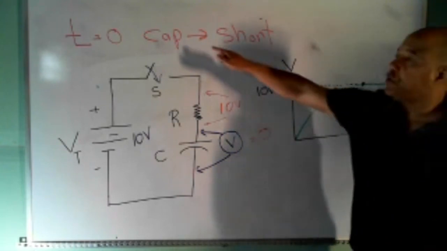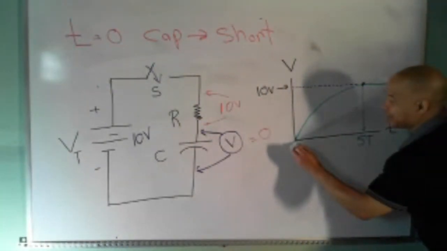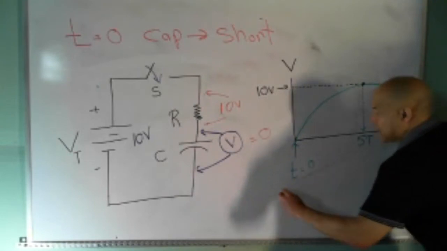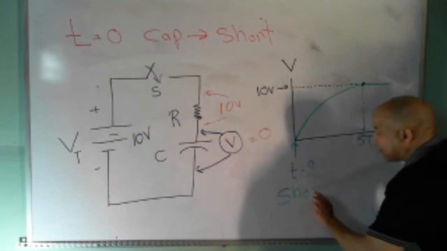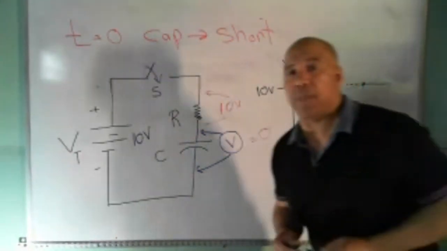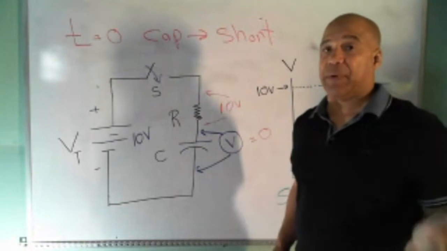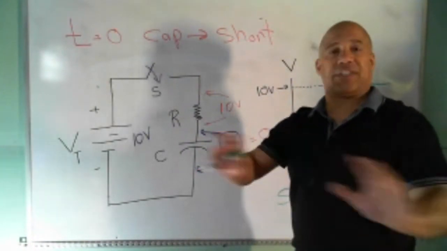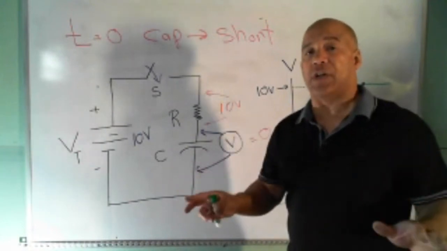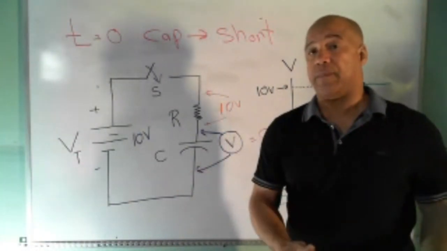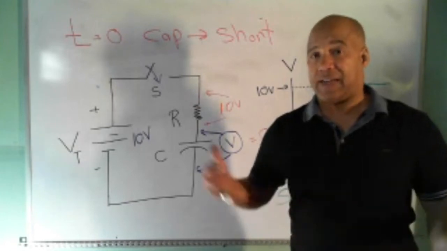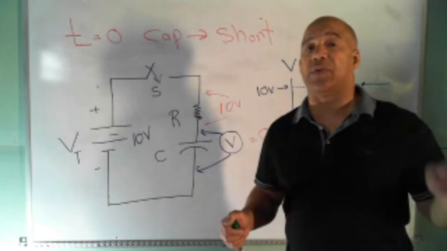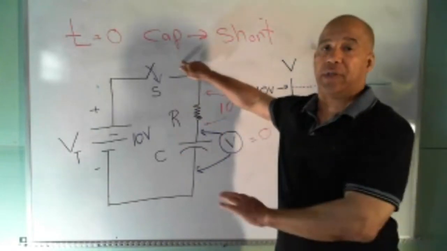What I just showed you was that at time t equals 0, the capacitor is behaving as a short. The reason this is so important is that next time I'm going to give you a problem with the same circuit, and how you look at the circuit determines how you solve it. If the circuit has capacitors in it and I say solve the circuit at t equals 0, all those capacitors are shorts.